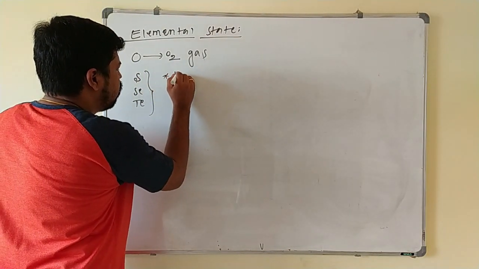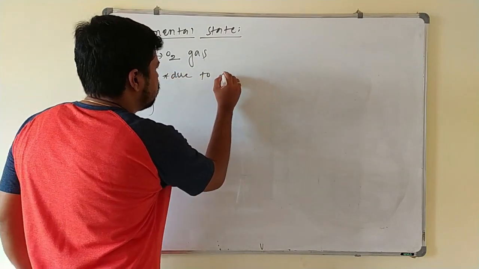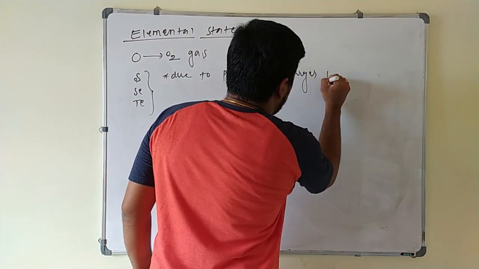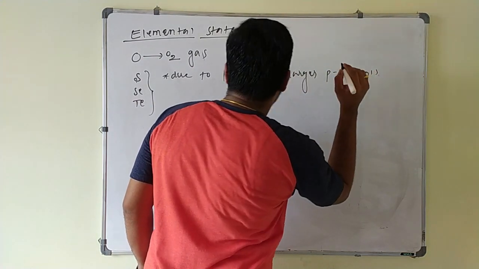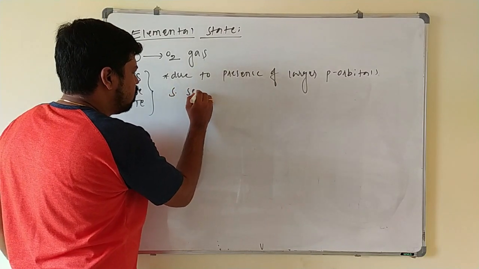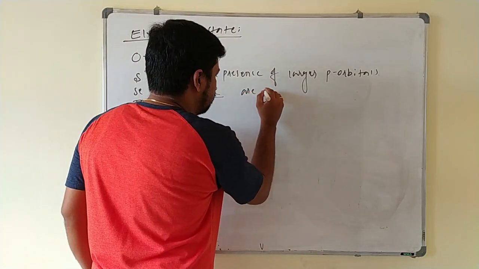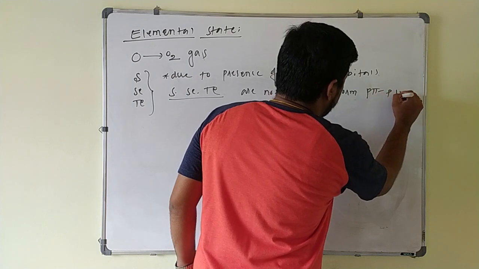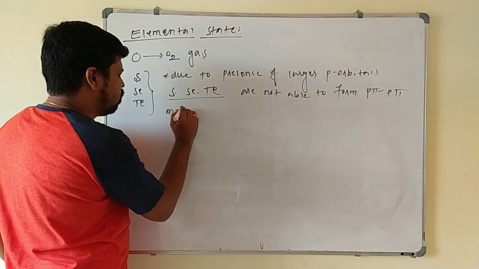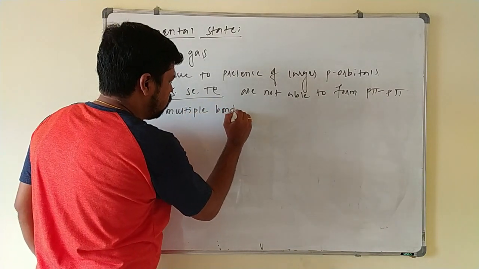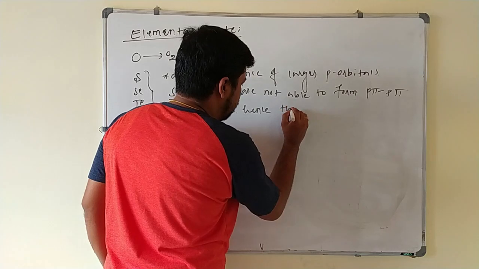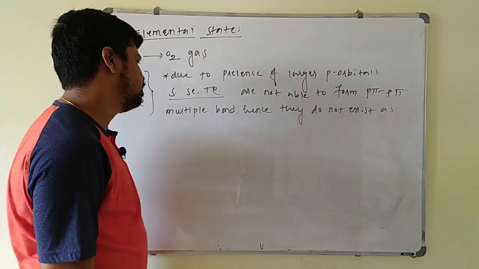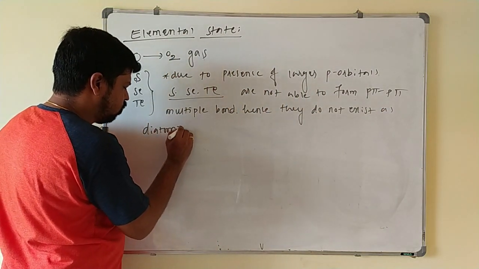Due to presence of larger p orbitals, sulfur, selenium and tellurium are not able to form pπ-pπ multiple bond, hence they do not exist as diatomic molecules.